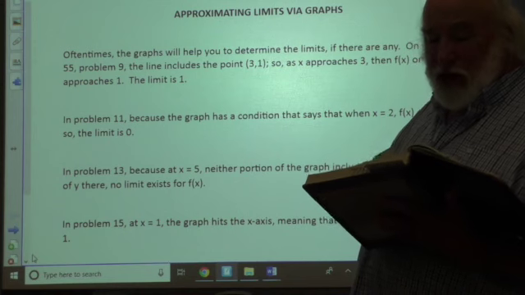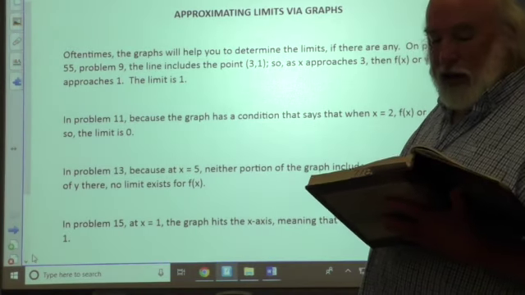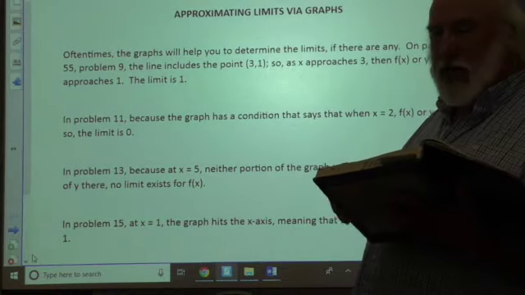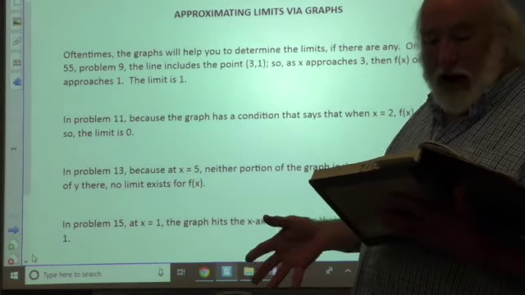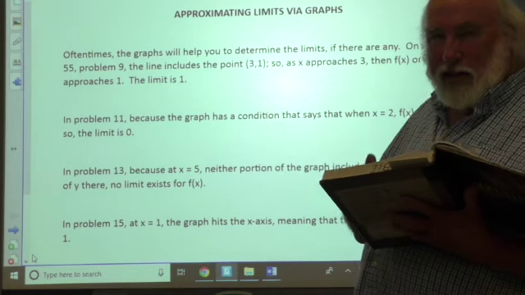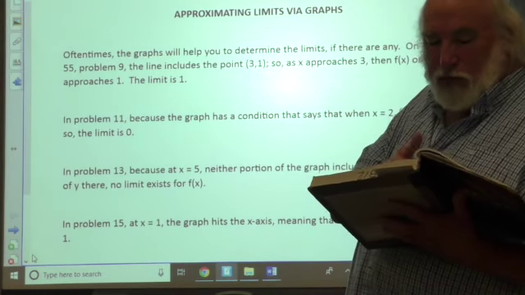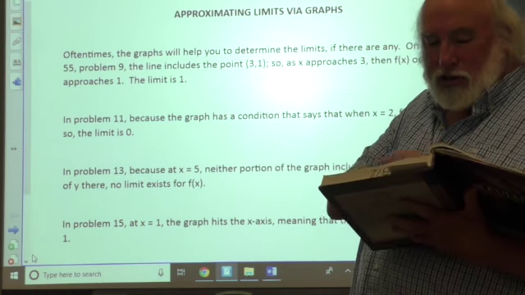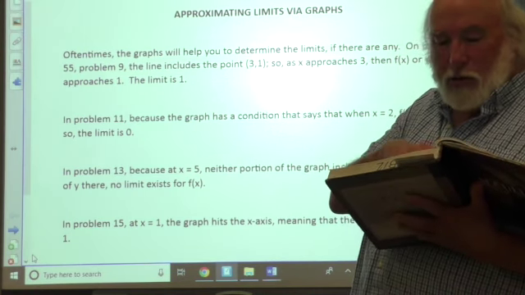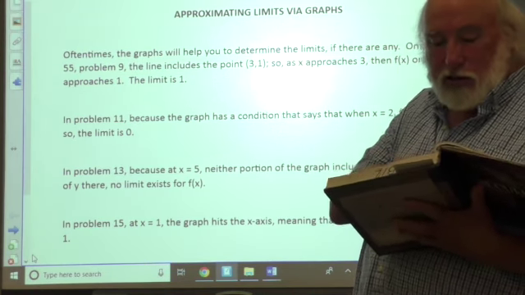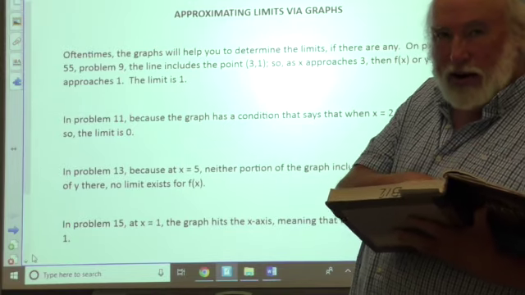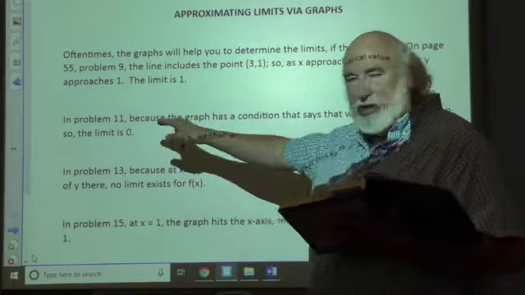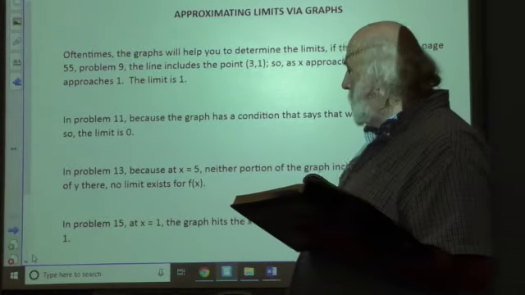But the fact that it says here that when x is equal to 2, the value of y is 0. That's a condition. Normally it would be undefined based upon what that is saying, but the fact that we have a point for that in a linear situation that is not on there tells us that the limit as x approaches 2 is going to be 0. The value of y when x is equal to 2 is 0. So that means the limit then is going to be 0.